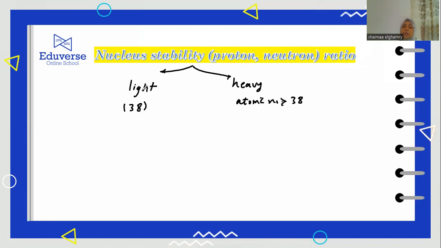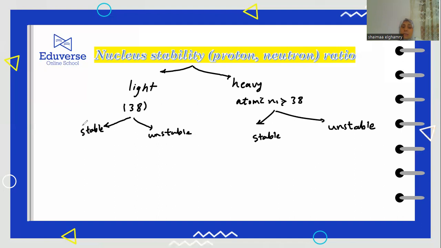So if the atomic number is less than 38, it's light element. Heavy element if the atomic number is greater than 38. So in light elements, we have stable light element, and we have unstable light element. In heavy also, we have stable heavy and unstable heavy.